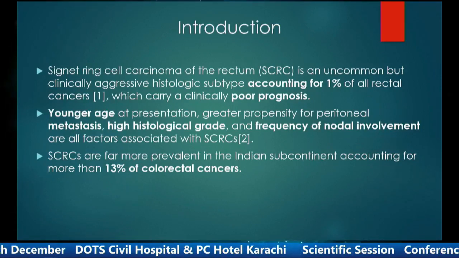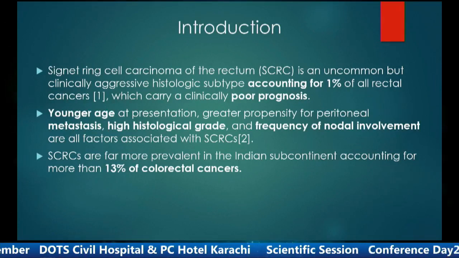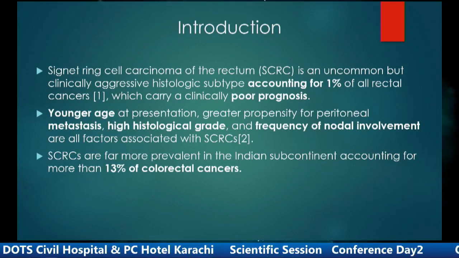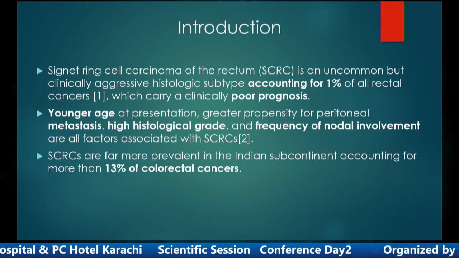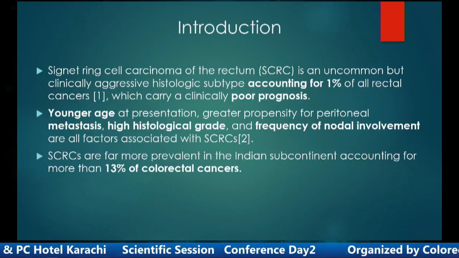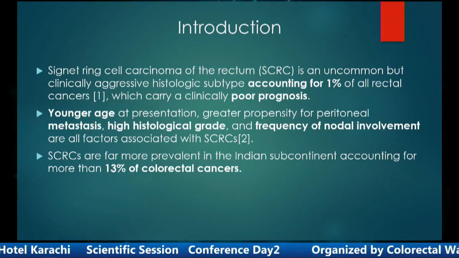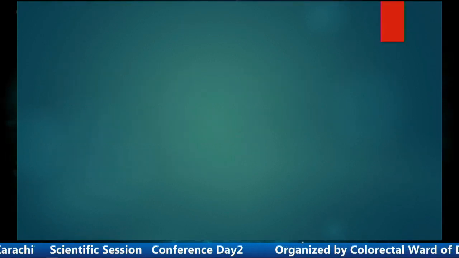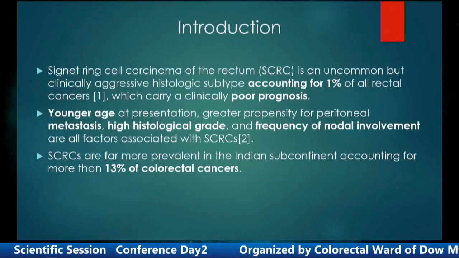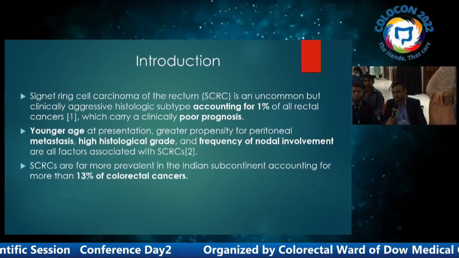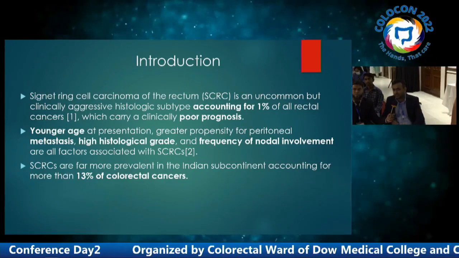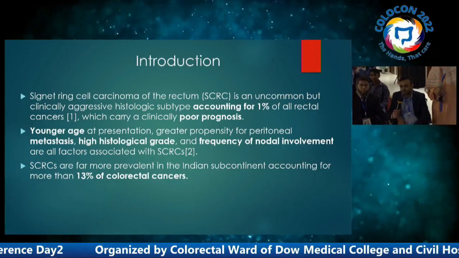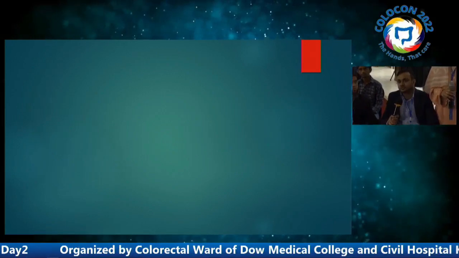In the Western population, left-sided signet ring cells are more common, as compared to the Indian subcontinent and Pakistani region, where both left and right-sided signet ring cells are present. Because of the younger age at presentation, the greater propensity for peritoneal metastasis and the frequency of nodal involvement, it carries a very poor prognosis.